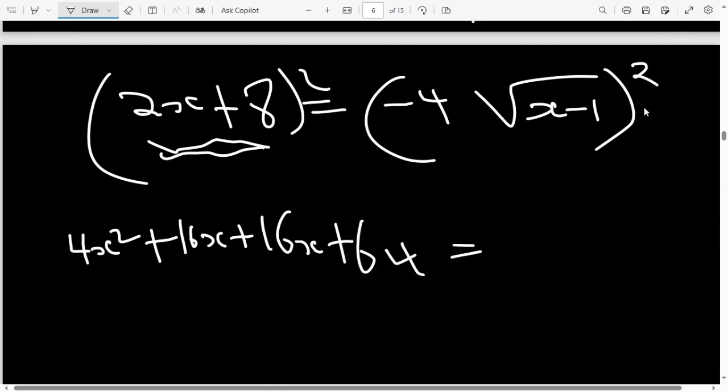Then on the other side, this 2 is distributed to the minus 4 and the root of x minus 1. So what is minus 4 squared? We're going to get 16. And then in the brackets, we'll have x minus 1.